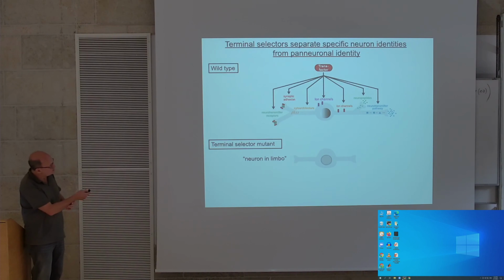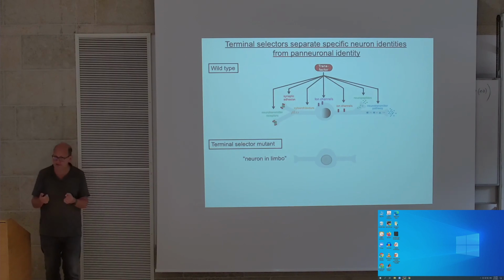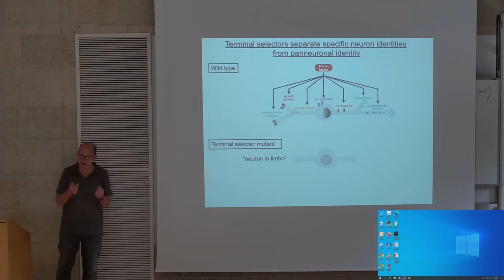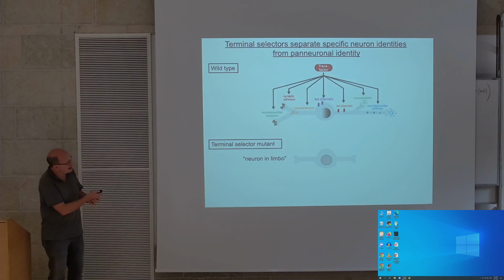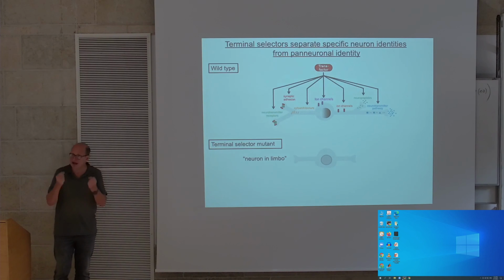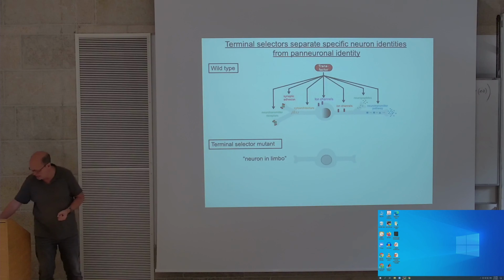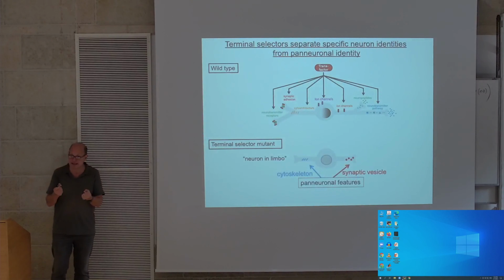When we have these homeodomain transcription factors that specify the identity of individual neuron classes, what we always find consistently from cell to cell to cell: we take it away, we lose these neuron-specific identity features, but the neuron is still normally generated, and not only is it generated, it usually still expresses so-called paneuronal features.